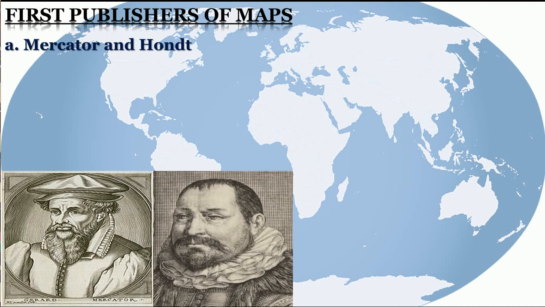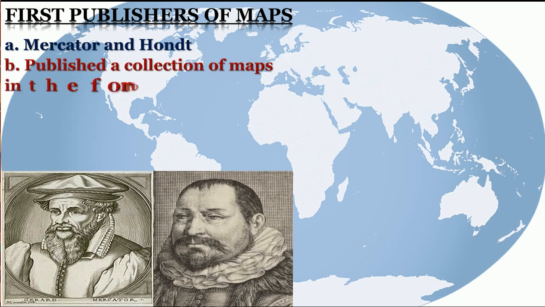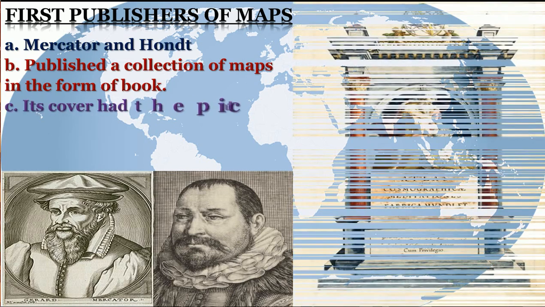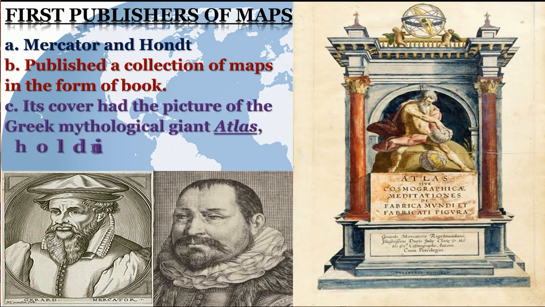They were the first to publish a collection of maps in the form of a book. Its cover had the picture of the Greek mythological giant Atlas holding the earth. As you can see, here is the giant who is holding the earth.